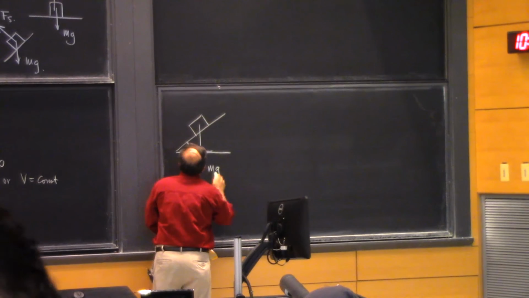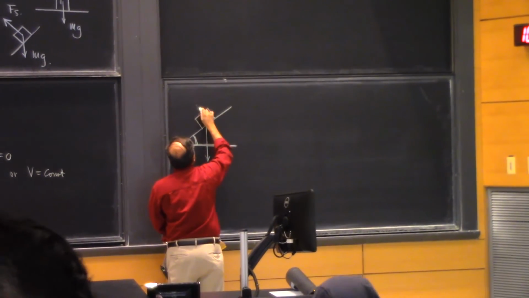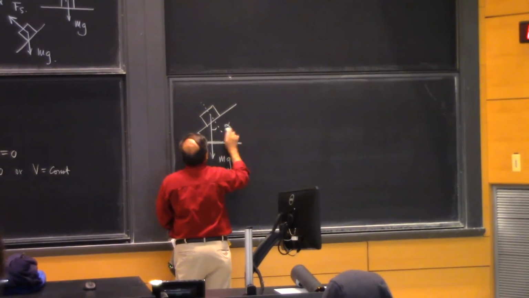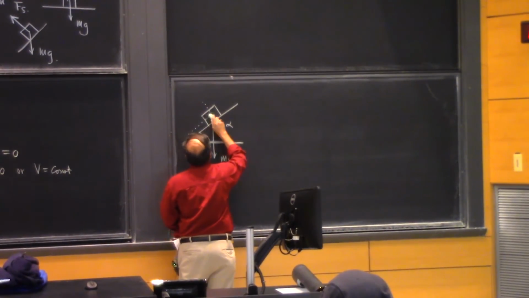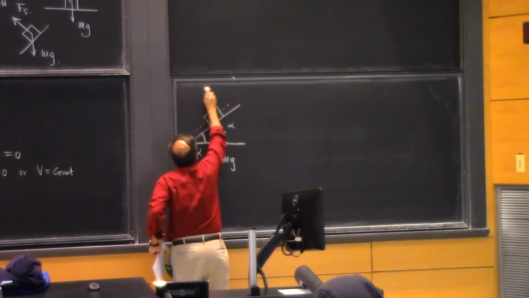Suppose I have the inclined plane and suppose I have the block. So I know this is alpha, and this is mg. This is alpha means this is alpha, which means I have to draw axes like these. So this is Fs.